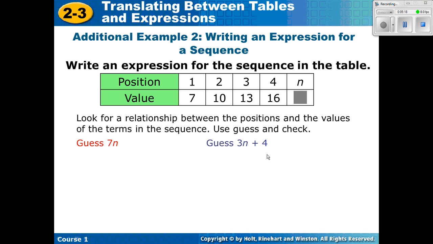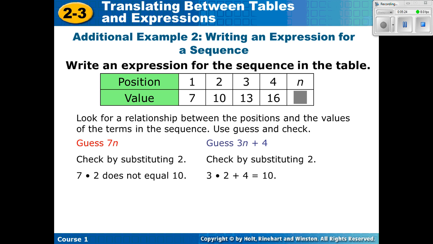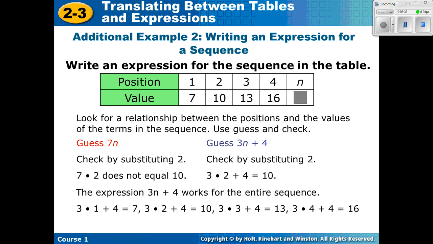What about 3n plus 4? Well, let's try that. 3 times 2 plus 4. Well, 3 times 2 is 6, plus 4, that does equal 10. Well, let's try another one though, because we need to make sure that it works for the entire sequence.